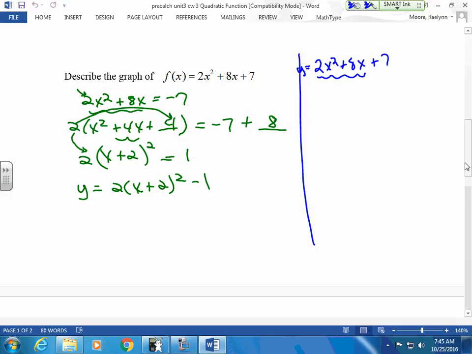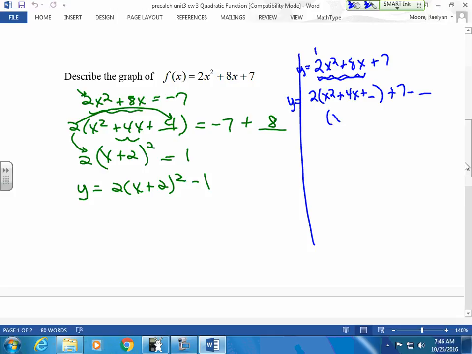This is the part you care about, your x's, not the 7. So look where your x's are. Factor this out to get this a 1. Complete the square right there. If you add something, you have to subtract something. And still a y equals. It still works the same.